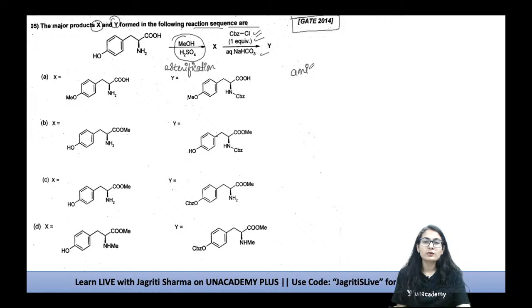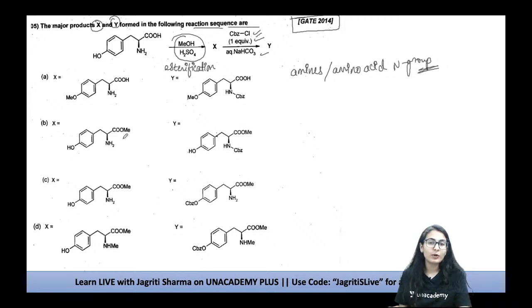It is used to protect the amines as well as the amino acid nitrogen group. So CbZCl, the carboxybenzyl chloride, is very popular for doing that. So the first step is the esterification reaction with the methanol. So you are going to get the ester like this, not the acid.